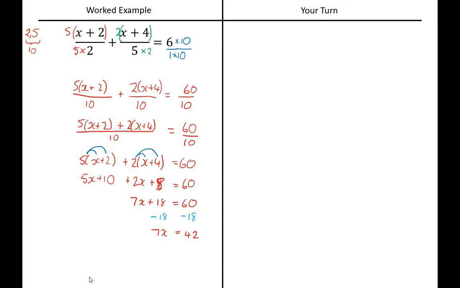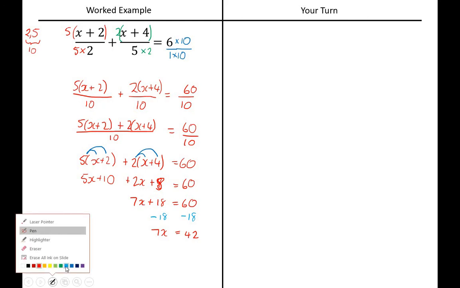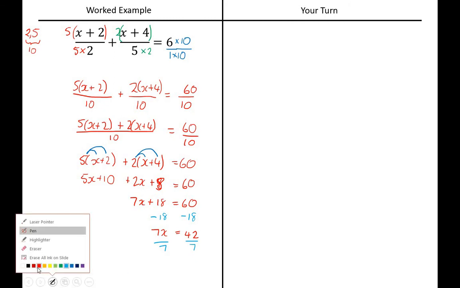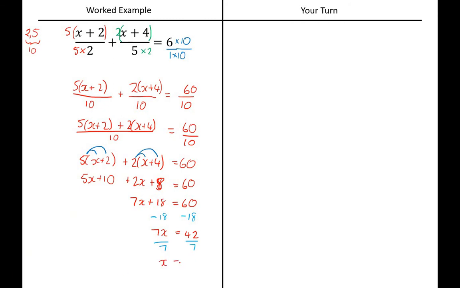And so finally we can divide everything by 7 to get a single x. Okay, and that will give us x is equal to 6. Okay, so here's one for you to try. Pause to have a go at the question and hear from the answers.